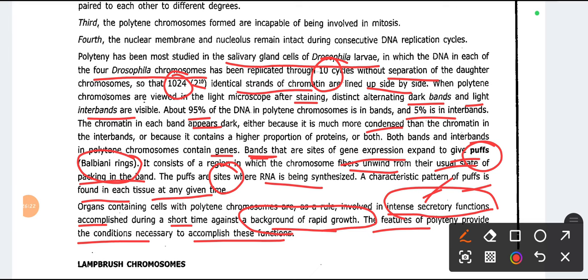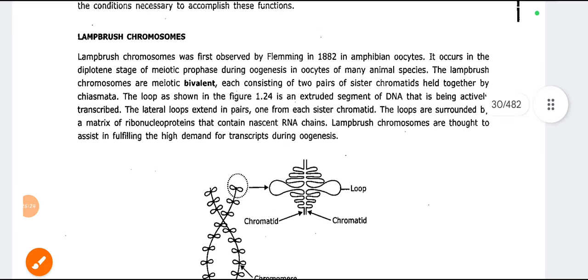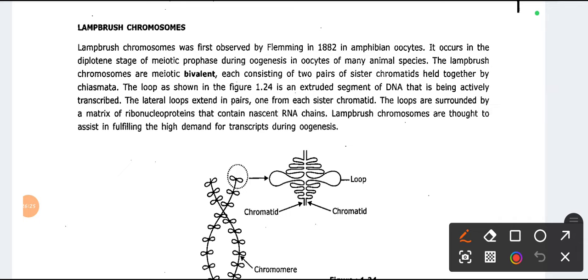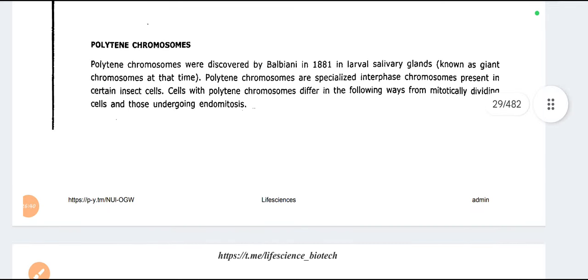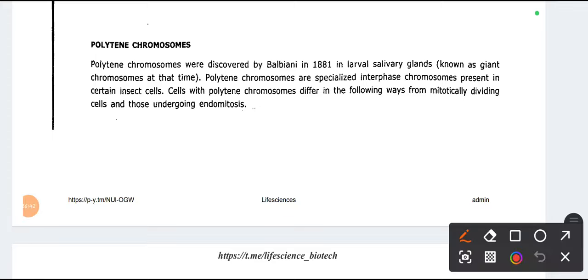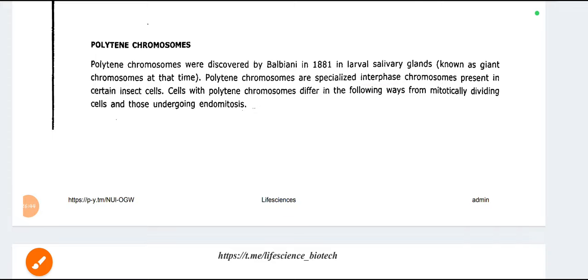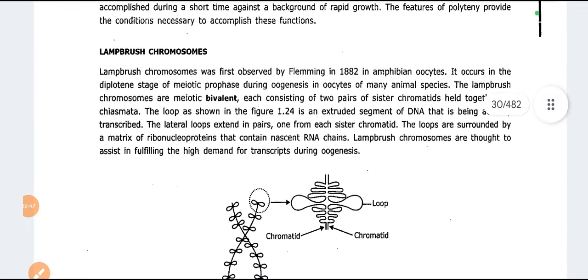Next, similarly, there is the lampbrush chromosome. The lampbrush chromosome was first observed by Flemming in 1882 in amphibian oocytes, and it occurs in the diplotene stage.